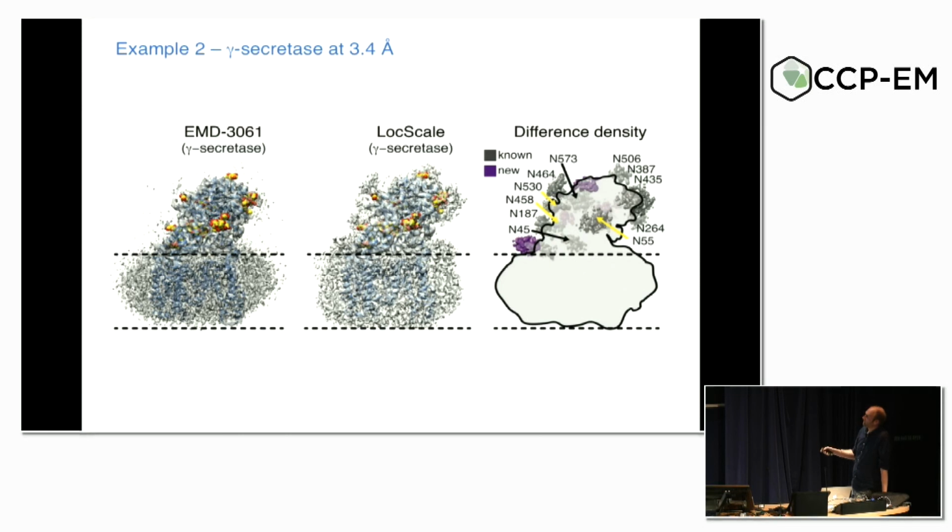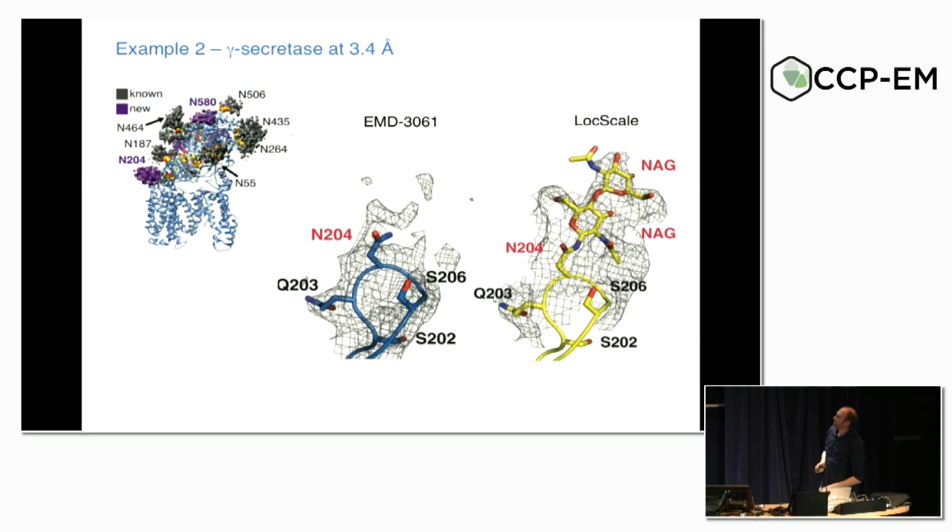But in purple, you also see a few additional densities that turned up at positions that had not been reported to be glycosylation sites before. If we map them to the original structure, you see that these are all protruding from asparagine residues.